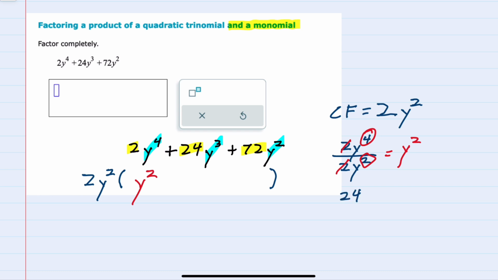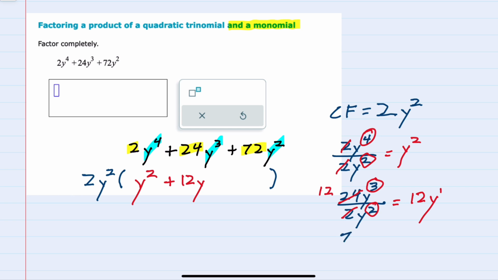For the second term, we had 24y to the third. We're again factoring out the 2y squared. Here, 2 goes into 24 12 times, so our coefficient is 12. For the y's, we have y to the third in the numerator, y squared in the denominator, so 3 minus 2 would just be 1. The sign here is positive, so plus 12y.